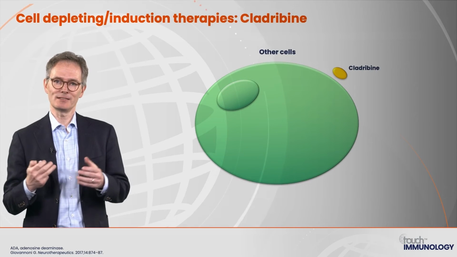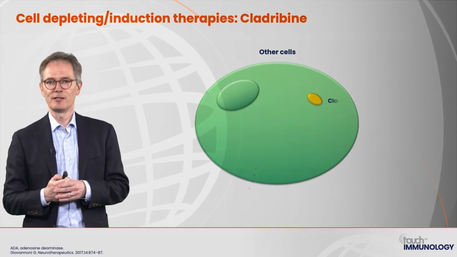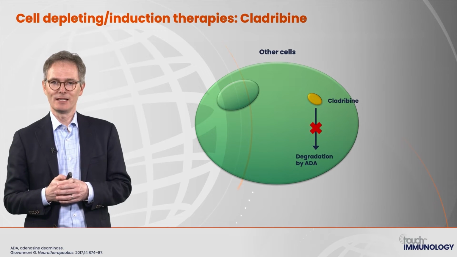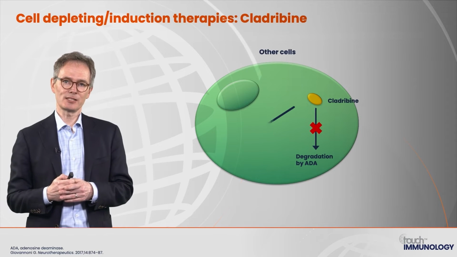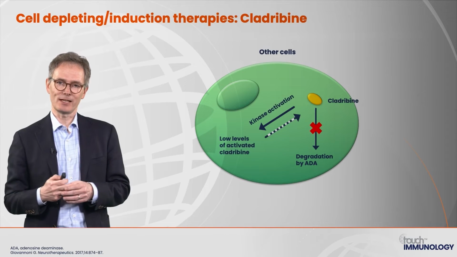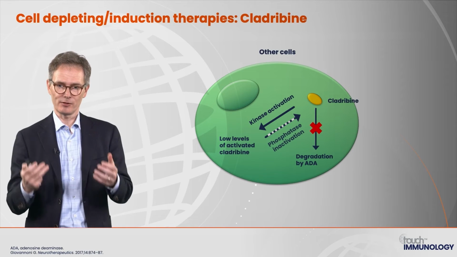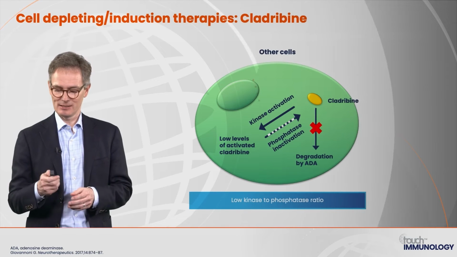So the more kinase activation there is and the less phosphatase activation, the more accumulation of the drug you have in the cell. And since this ratio is different in different cell types, you get a predilection of the treatment effect in B and T lymphocytes. So the drug is an anti-proliferative drug, but it mainly acts in B and T lymphocytes.